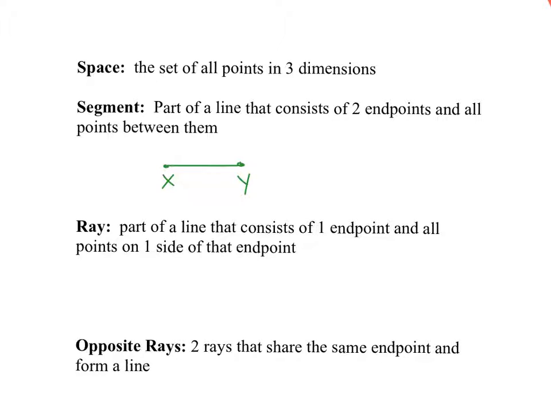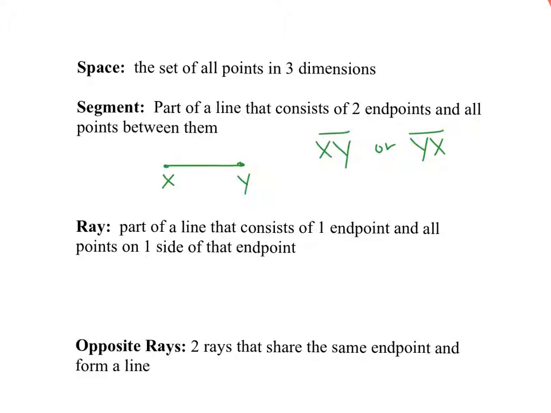So that's a segment. And you name a segment different than you name a line because they are different things. So the way you're going to name this, very similar to a line, you're going to put the bar over top and you just don't put arrows on it. So that would be segment XY. What's the other way you could name that segment? YX. So you can do it either way.